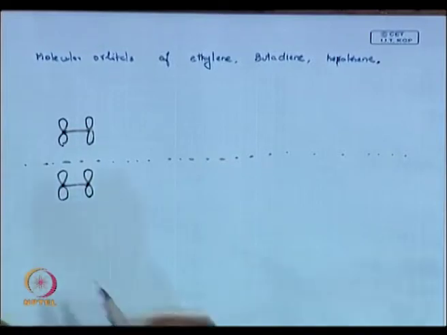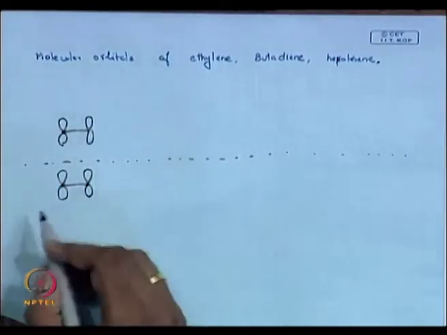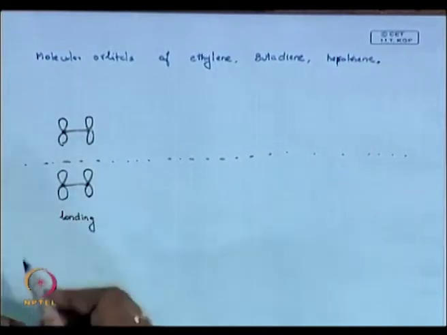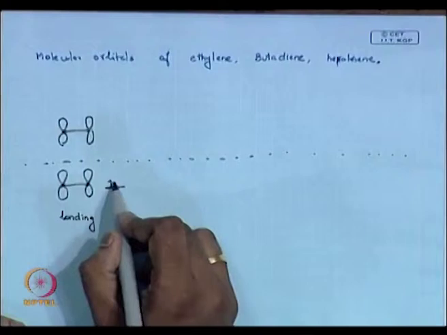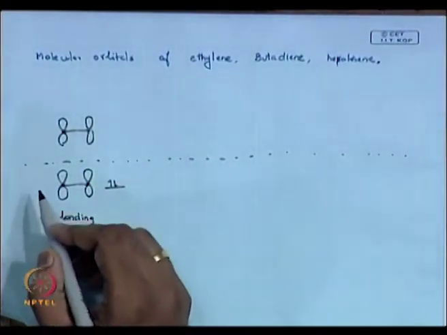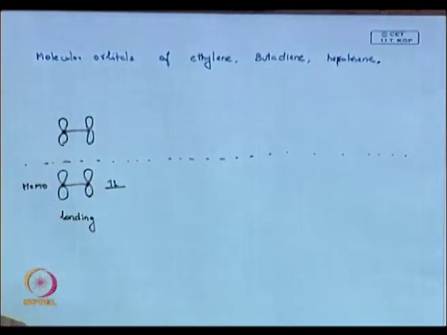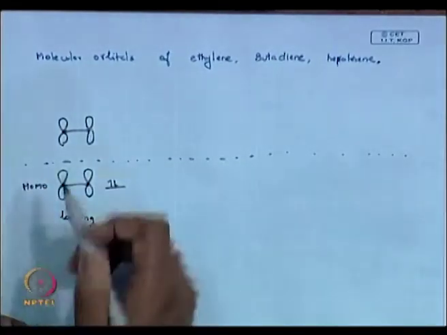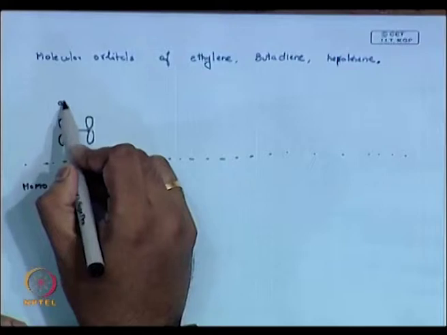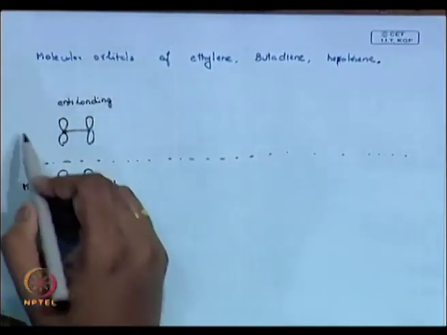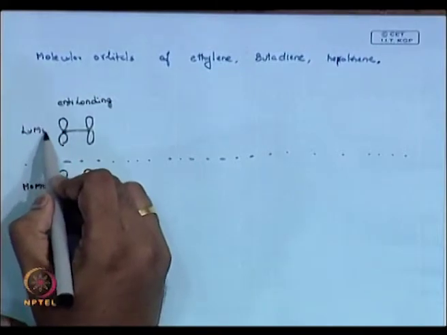So, you know ethylene, if I say it is bonding, this one should be the HOMO, the highest occupied molecular orbital. This should be your antibonding side, and this will be your LUMO.